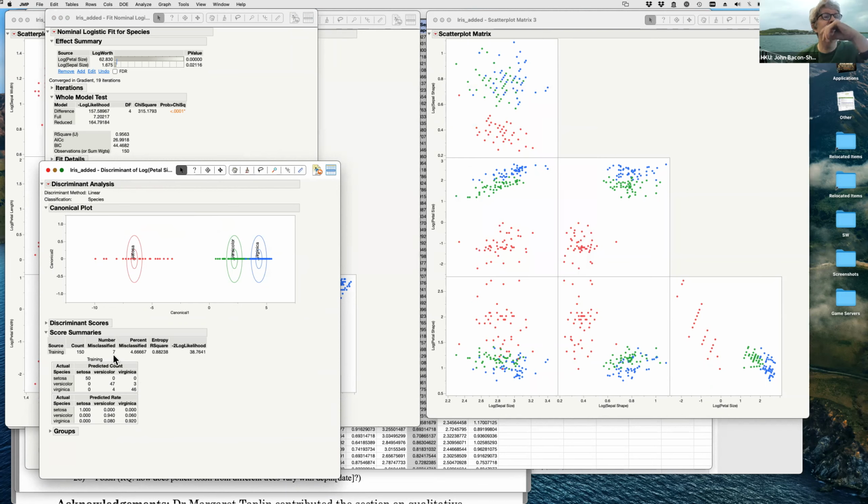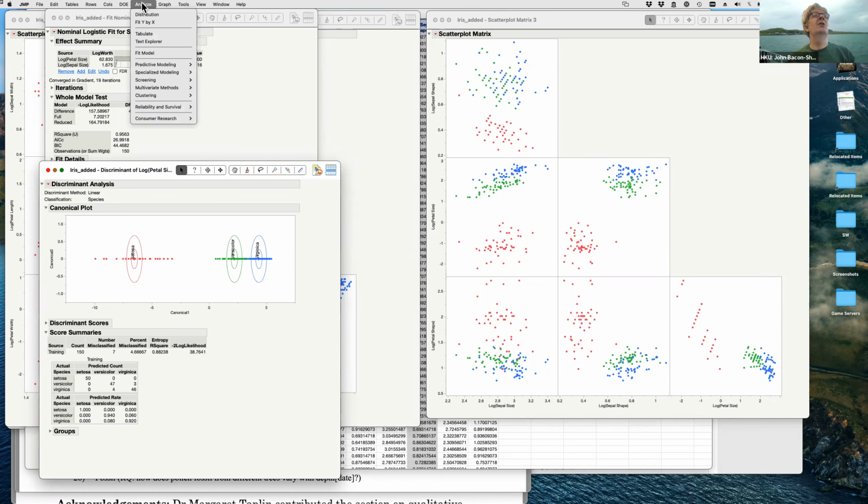I only have 7 misclassified. So it's slightly worse than my model with 3 of the variables, but only slightly worse. So I've gone from a model which discriminant analysis told me needed 3 variables down to one that only needs 1. So again, this is much simpler.